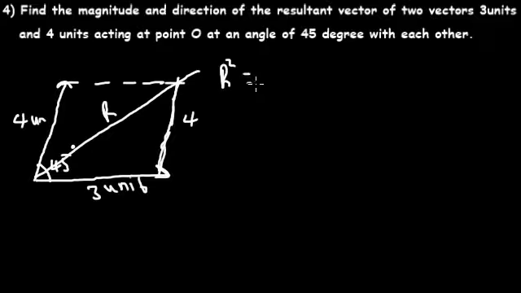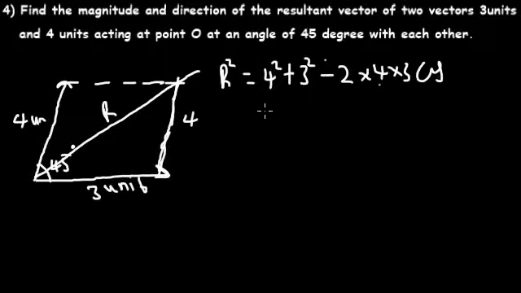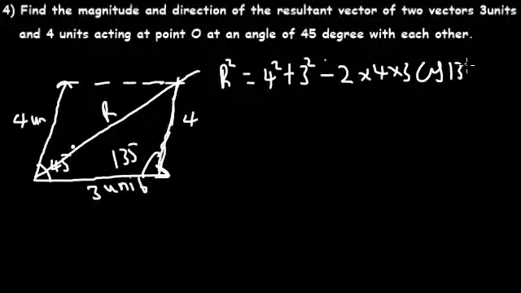R squared will be equal to 4 squared plus 3 squared, then minus 2 times 4 times 3 cosine of, now we need this angle, that will be 180 minus 45. So 180 minus 45 gives us 135.